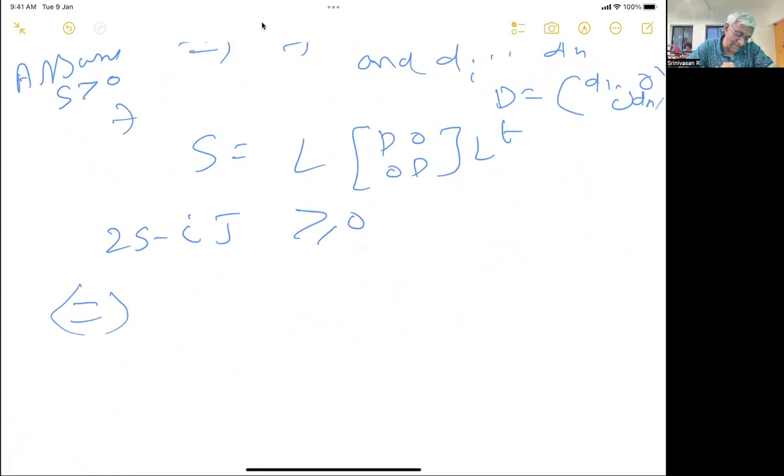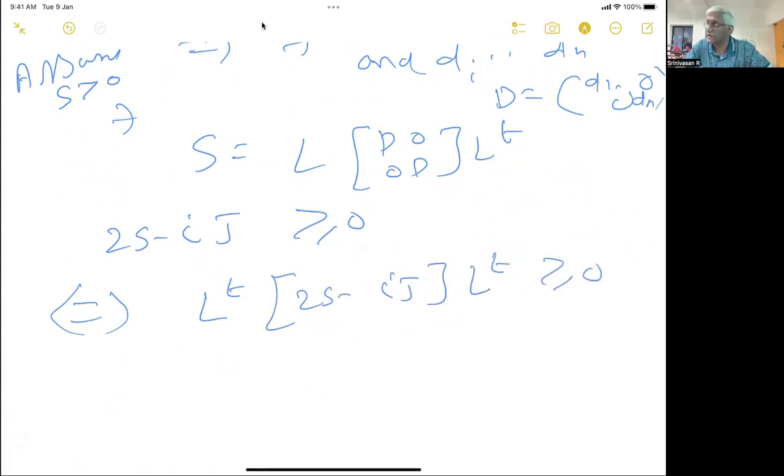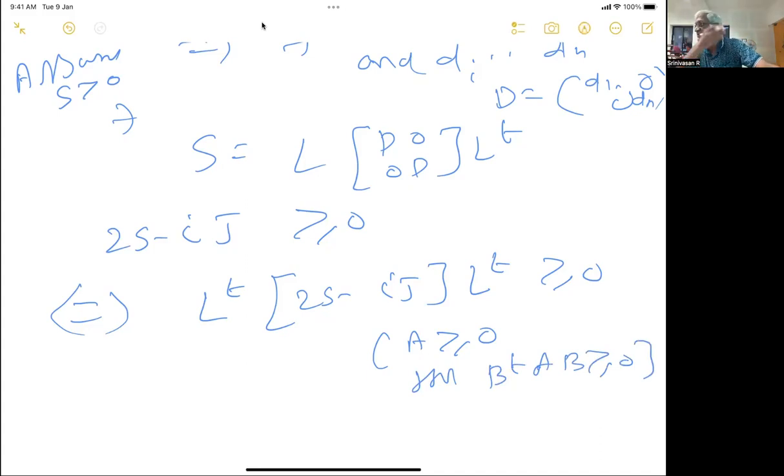So S plus iJ/2 is greater than or equal to 0. This is equivalent to saying L transpose (S plus iJ/2) L is greater than or equal to 0. You know this. If A is greater than or equal to 0, then B transpose AB is also greater than or equal to 0, for any B. You just write the positivity condition, inner product, and you will get the B on the other side. This is direct checking.